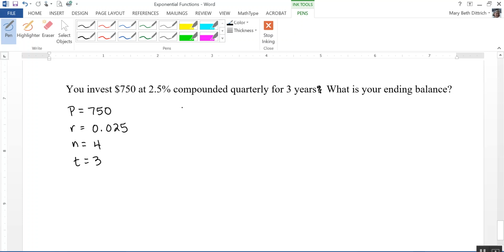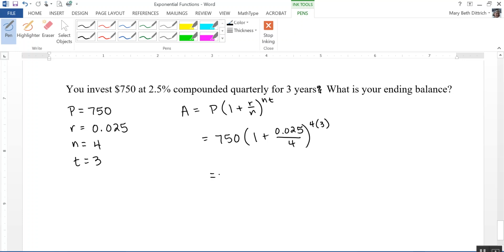I'm going to use the formula A equals P times the quantity 1 plus R over n raised to the power of n times t, or 750 times 1 plus 0.025 over 4 raised to the power of 4 times 3.